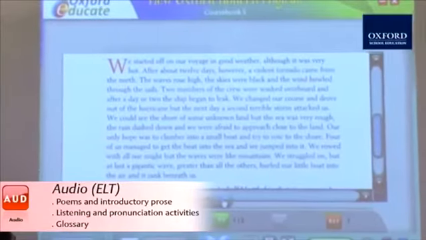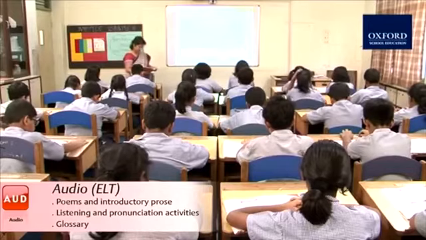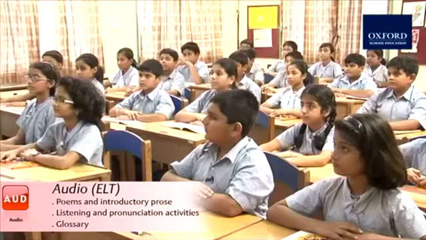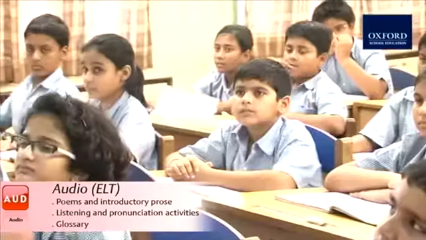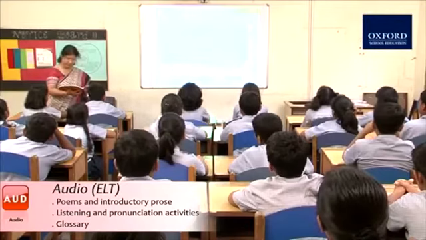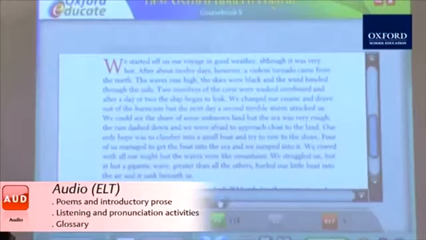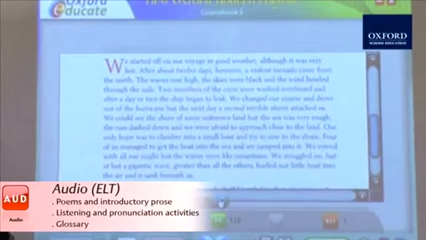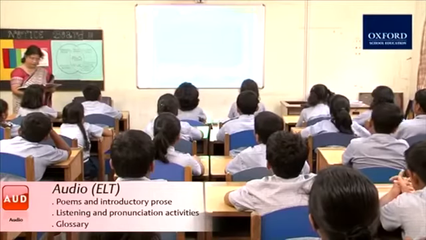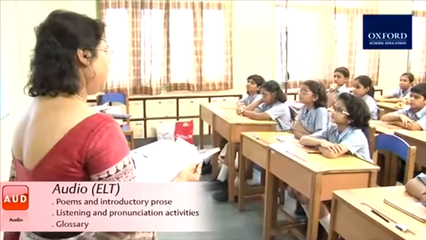We could see the shore of some unknown land, but the sea was very rough. The rain dashed down, and we were afraid to approach close to the land. Our only hope was to clamber into a small boat and try to row to the shore. 4 of us managed to get the boat into the sea, and we jumped into it. We rowed with all our might, but the waves were like mountains. We struggled on, but at last a gigantic wave, greater than all the others, hurled our little boat into the air, and it sank beneath us.